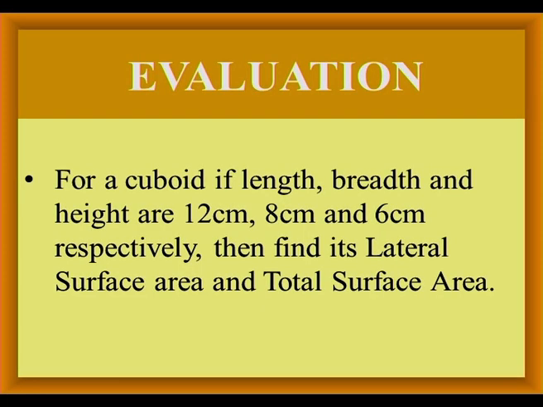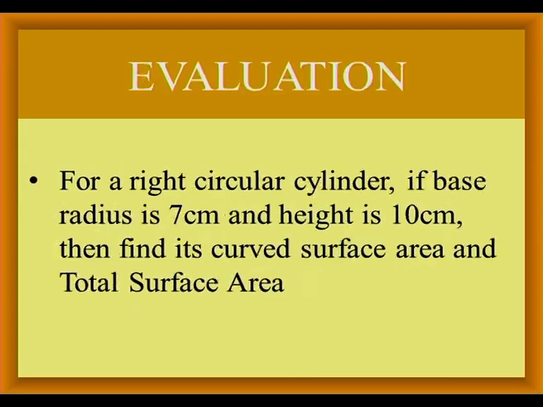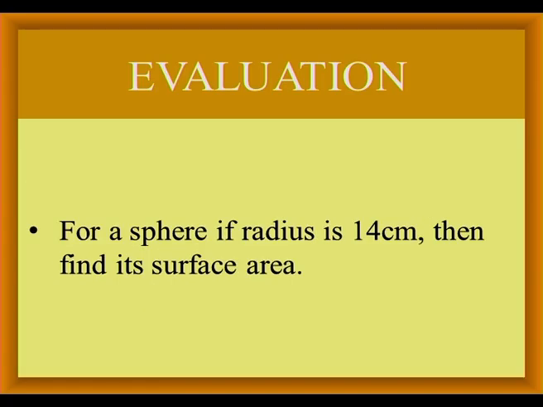For a cuboid, if length, breadth and height are 12 centimeters, 8 centimeters and 6 centimeters respectively, then find its lateral surface area and total surface area. For a right circular cylinder, if base radius is 7 centimeter and height is 10 centimeter, then find its curved surface area and total surface area. Also, for a sphere, if radius is 14 centimeter, then find its surface area.